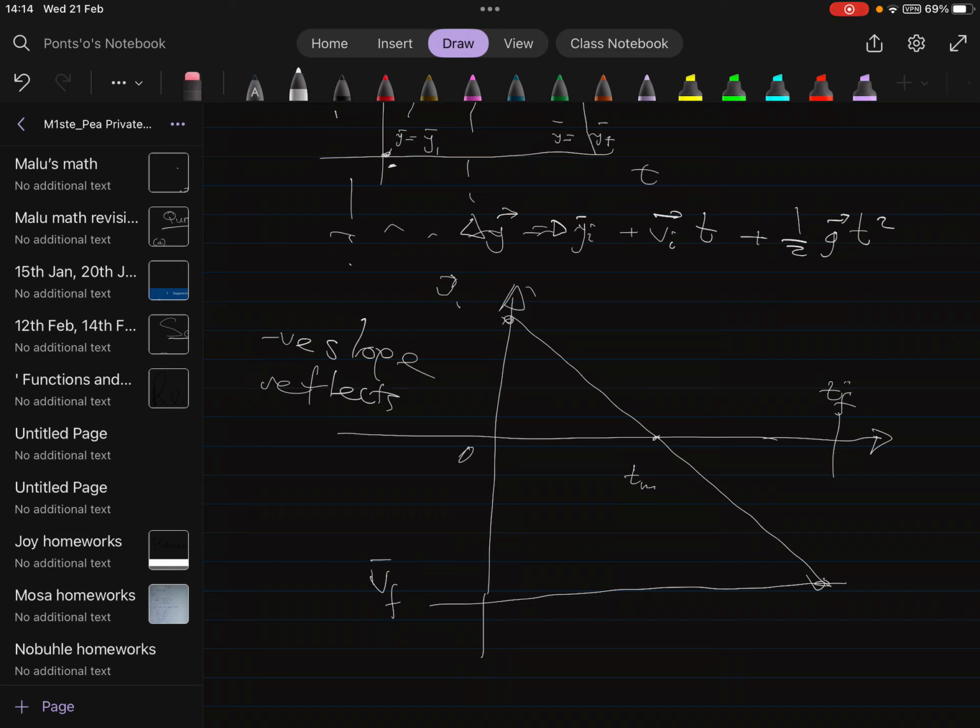So negative slope reflects negative 9.8 meters per second squared, or negative g if upwards is positive.